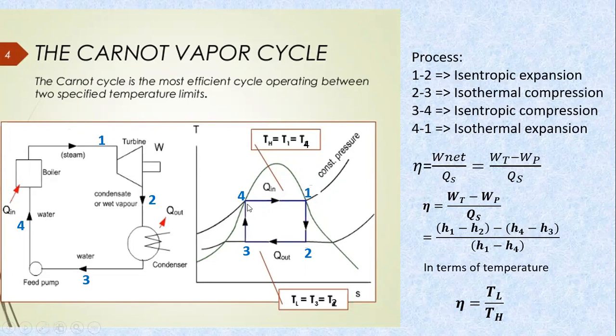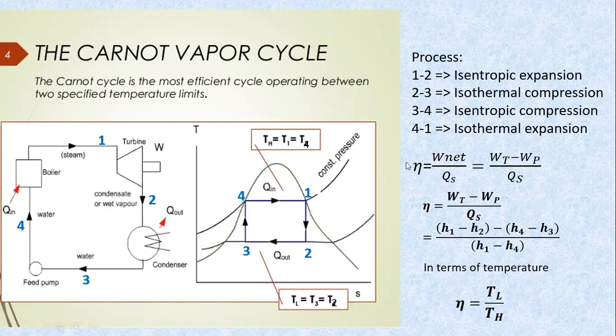That means the condition of the steam which is entering the boiler is purely water. And in the boiler, 4 to 1 is isothermal heat addition. So heat is added in the boiler till the saturated liquid completely gets converted into dry saturated vapor.